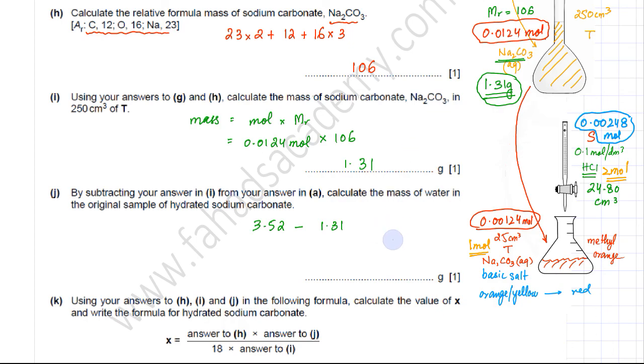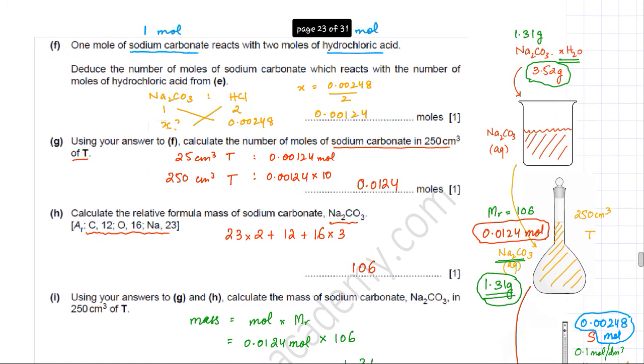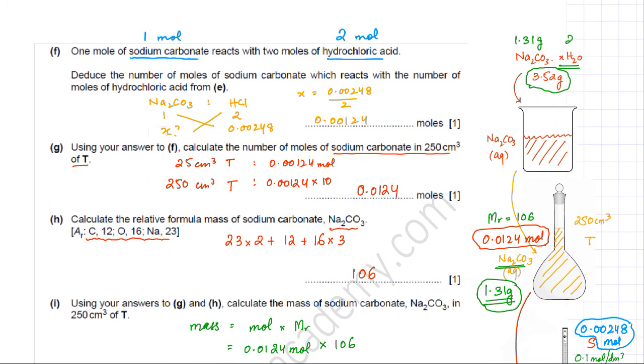The mass of water comes out to be equal to 2.21 grams. So the total mass was 3.52, 1.31 grams was sodium carbonate, so 2.21 grams is the water in this hydrated salt.